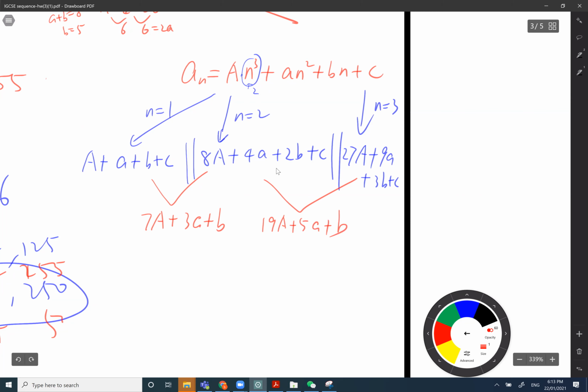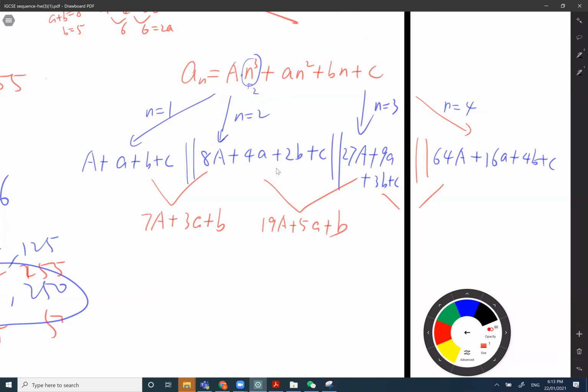Very good. If n equals 4, what's that? 64a plus 16b plus 4c plus d. What's the difference here? 37a plus 7b plus c. Nice.